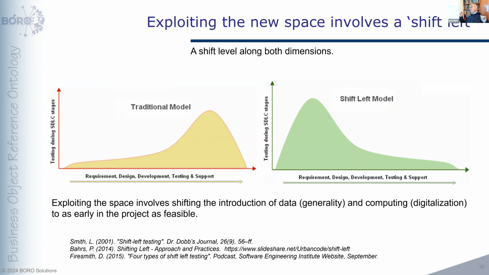In a sense, this is a shift left story: by leaving some things to the end, you're not getting the opportunities that you would have if you looked at them at the beginning. If you want to check out more details from other disciplinary areas, particularly data engineering, there are some links at the bottom.